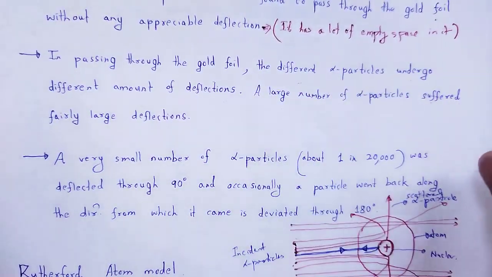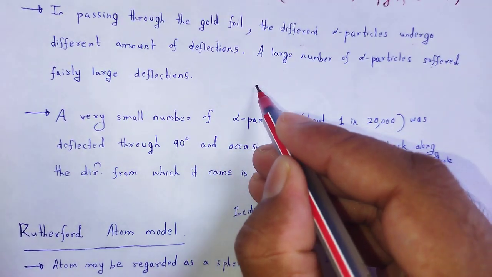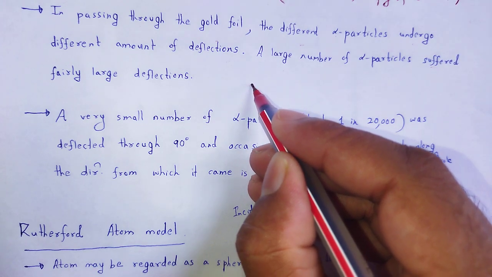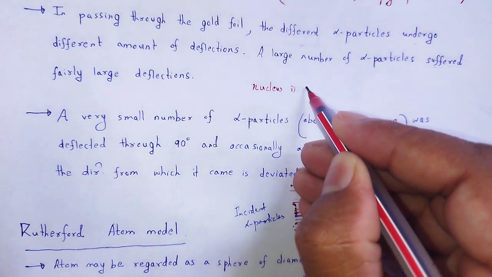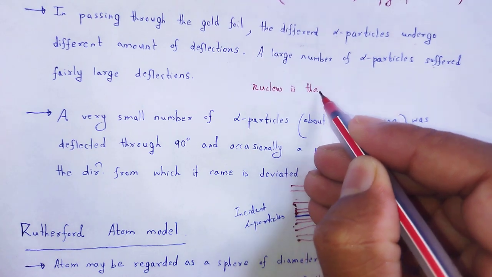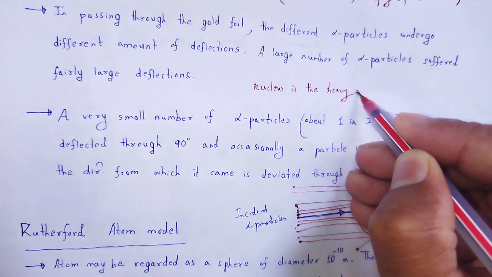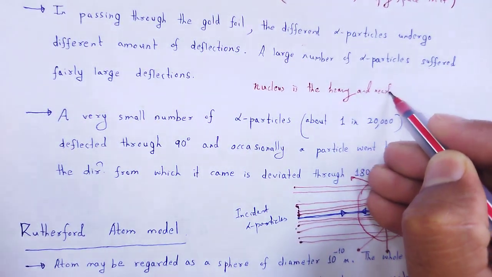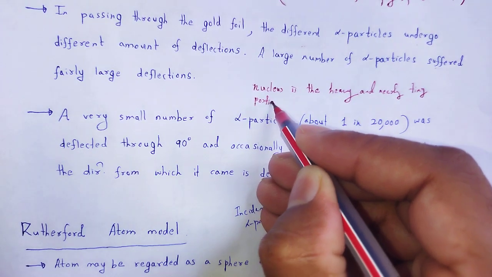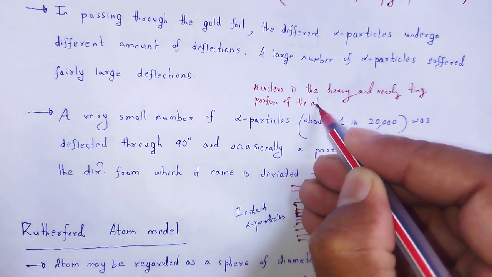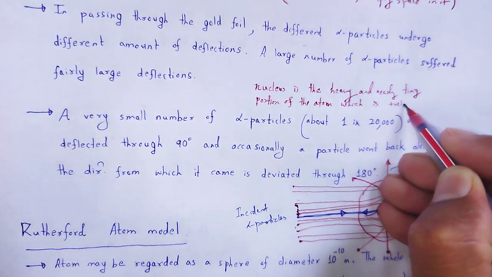From these two observations, we see the nucleus is the heavy and nearly teeny portion of the atom which is positively charged.